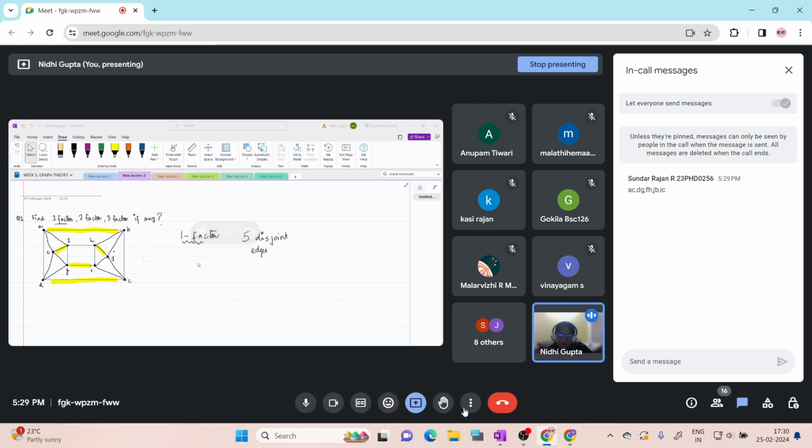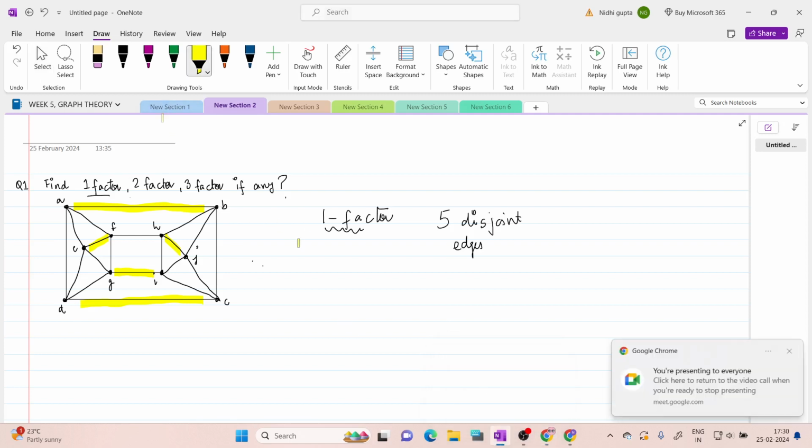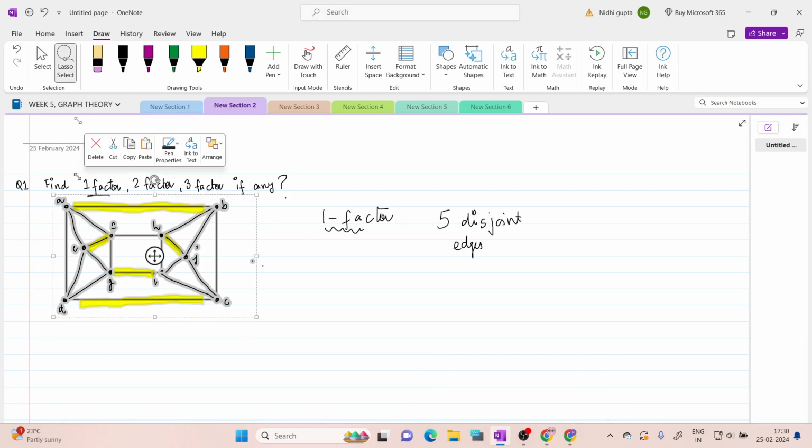Yes, that is also a perfect matching. So this graph has a one factor. That is true. Now what about a two factor? Does this graph have a two factor?